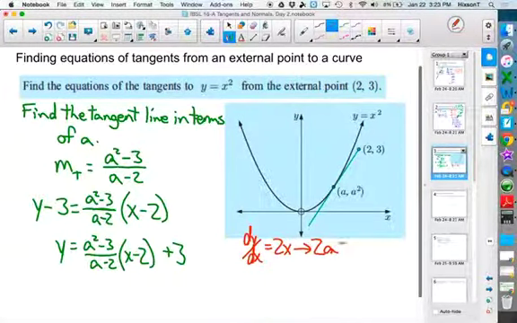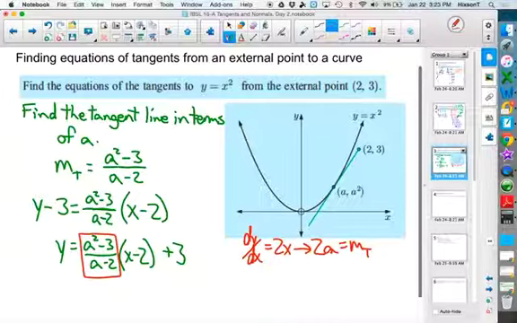So 2A equals the slope of my tangent line, right? Well, this is the slope of my tangent line as well. Do you set it equal to the slope? Yeah, we can set it equal to the slope. And then once we figure out A, we're able to plug that in, and we've got our equation.